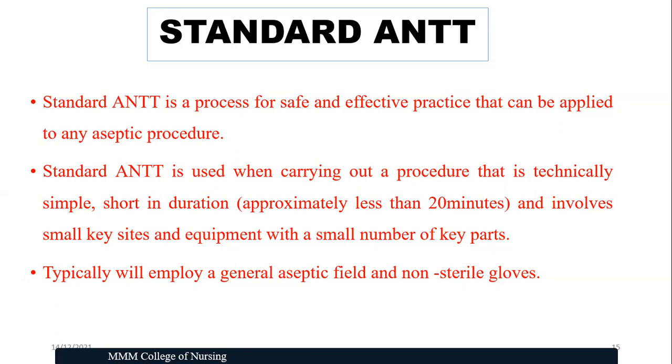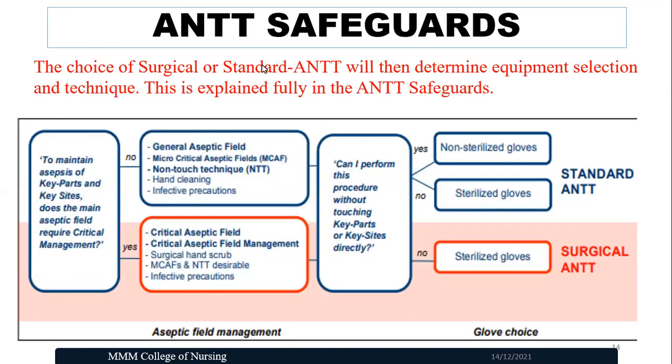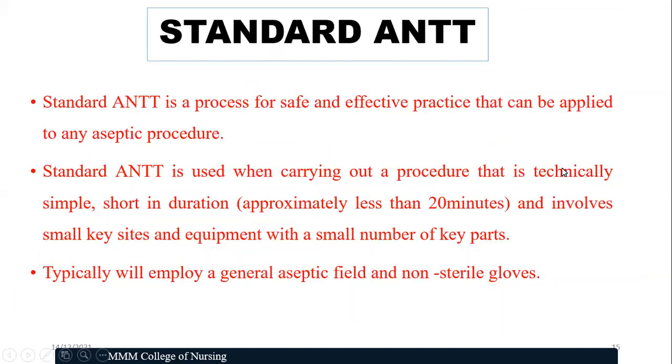And standard ANTT is a process for safe and effective practice that can be applied to any aseptic procedure, and is used when carrying out a procedure that is technically simple, which is short in duration, that is less than 20 minutes, and only small key sites and equipment with a smaller number of key parts are being used. And it also typically employs a general aseptic field and non-sterile gloves. That's what we discussed here, using the general aseptic field and the non-sterilized gloves in the standard ANTT.